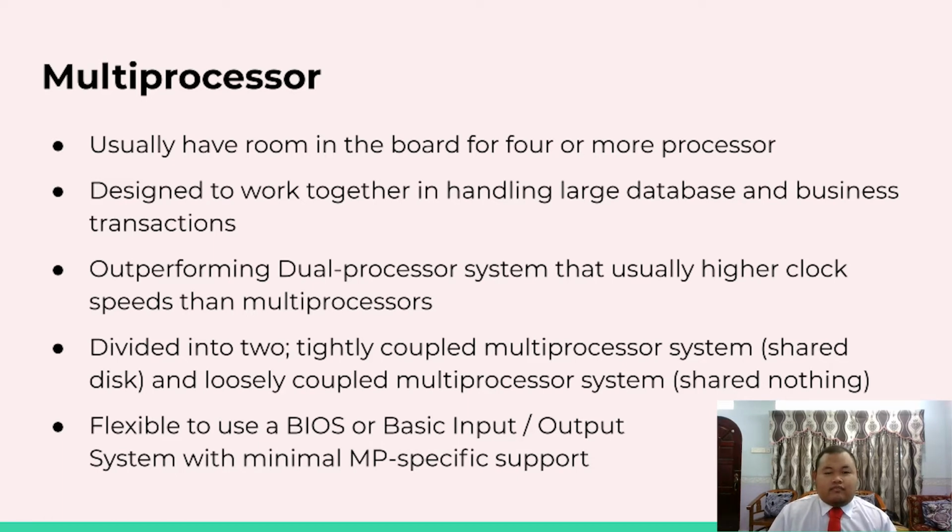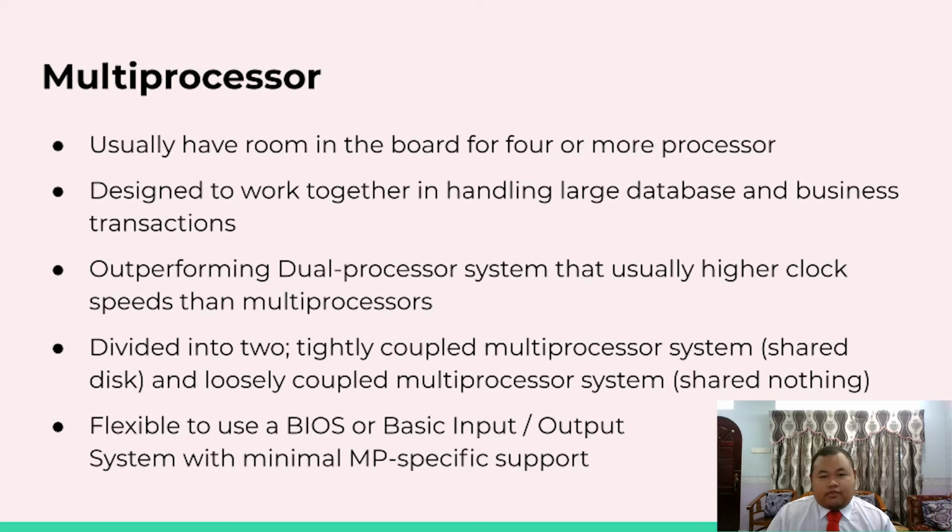Besides, this kind of processor is designed to work together in handling large databases and business transactions, so that is much different from a parallel processor. Nowadays, most processors are surpassing dual processor systems that usually operate at higher clock speeds than multiprocessors, making dual processors more efficient at handling high-speed mathematical computation.